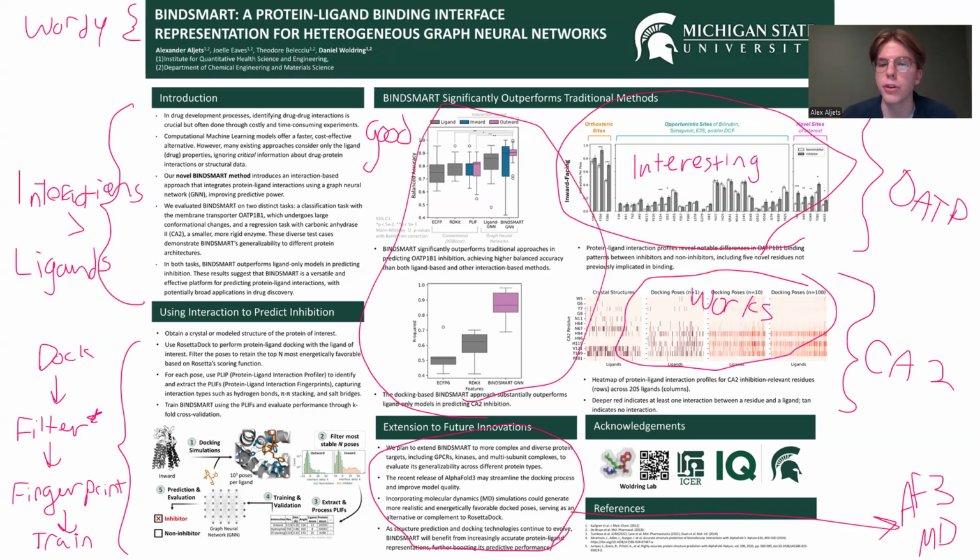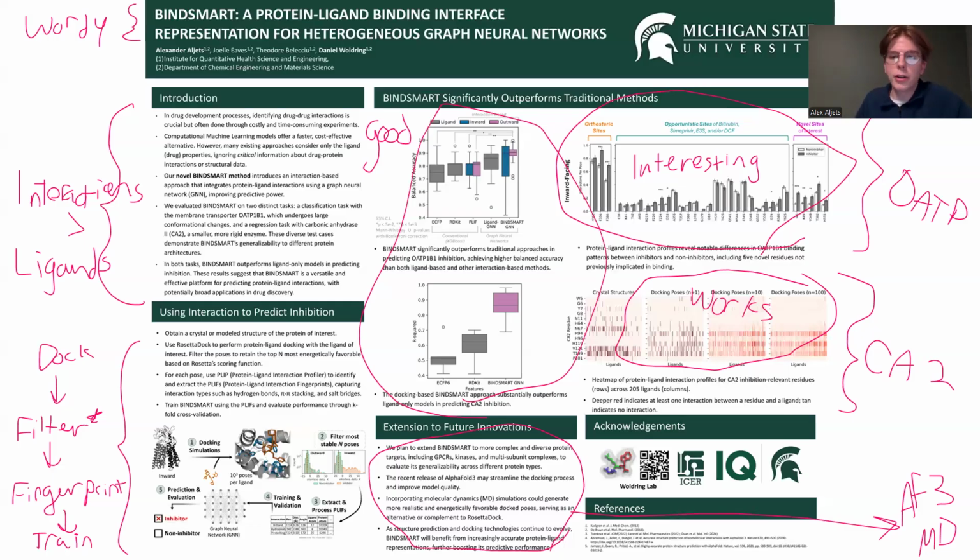For the CA2 stuff, I decided to only include the important residues because it was easier to see, and a little easier to explain in the heat map format. That basically shows that it works and that our interaction model is showing the same interactions that have been seen in literature.